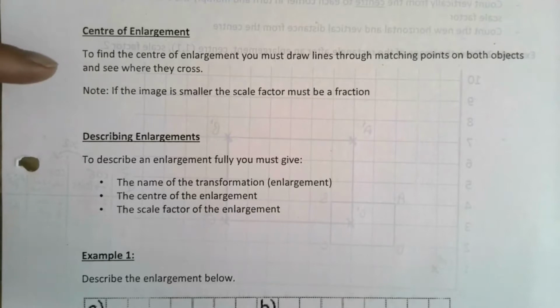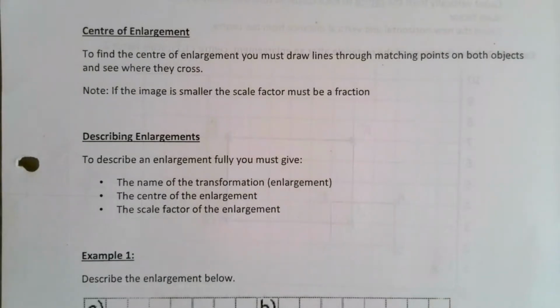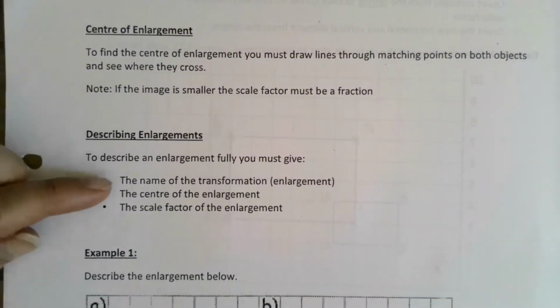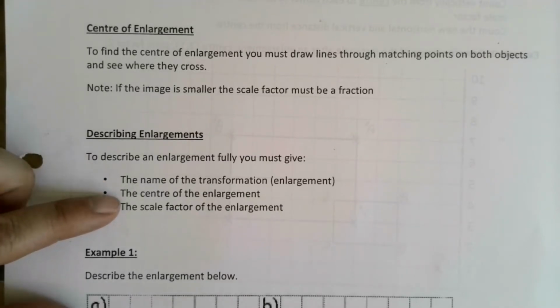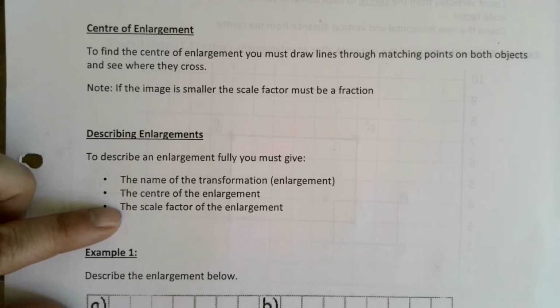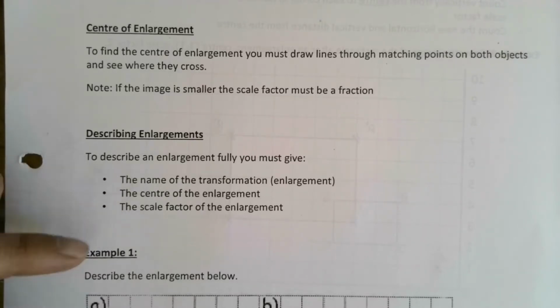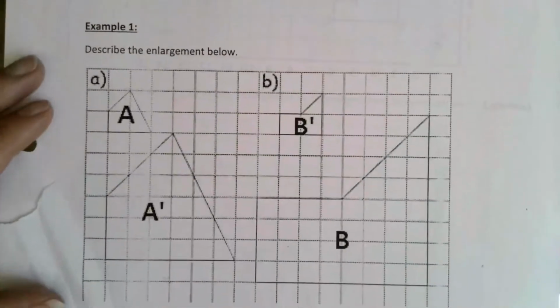Anytime you're describing any sort of transformation, you need to make sure you give full detail. So with enlargements, we need to say the name of the transformation, which is enlargement. We need to give the centre of enlargement, and we also need to give the scale factor. So we're going to look at an example of this now.